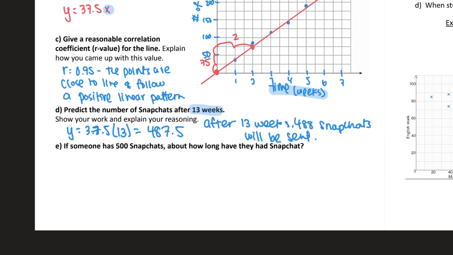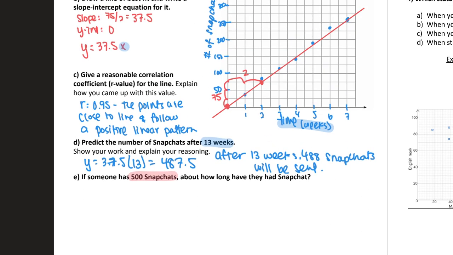All right, the next question says, if someone has 500 Snapchats, about how long have they had Snapchat? So the number of Snapchats is our y variable, so that means we're going to plug it in for y in our equation. So that's going to be 500 equals 37.5 times x. So all we need to do is solve for x, so divide by 37.5.